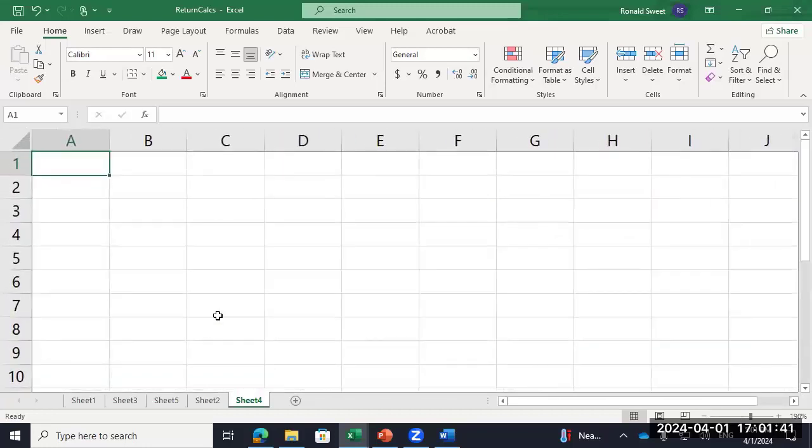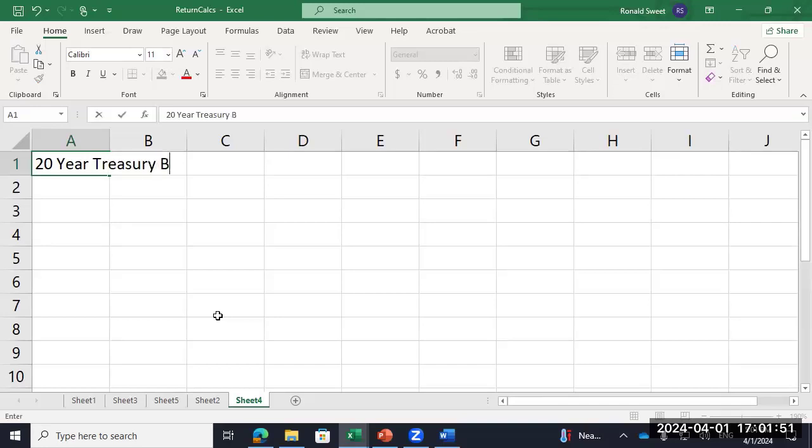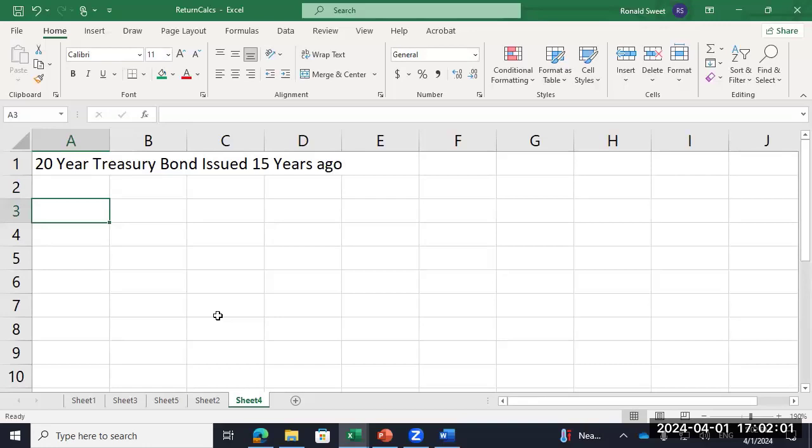All right, we're going to do one because I'm going to show you some tricks that are really, really cool. So let's say we have a 20-year Treasury bond issued 15 years ago. What's the maturity?